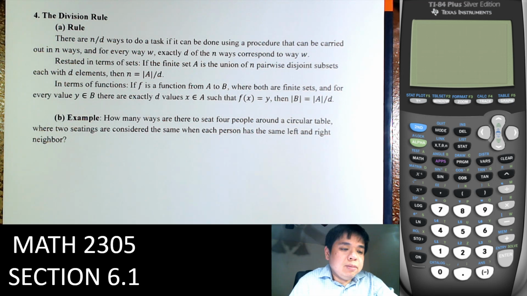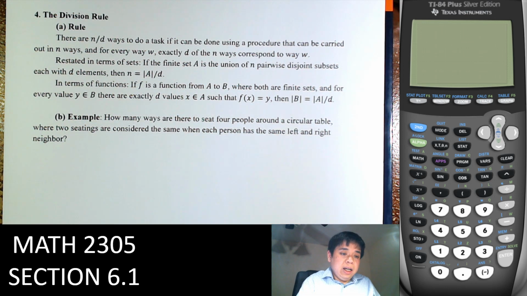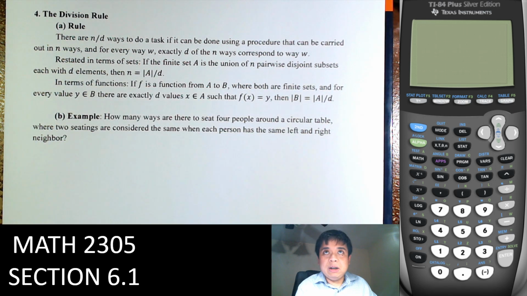Restated in terms of sets: if finite set A is a union of n pairwise disjoint subsets, each with d elements, then n equals the number of elements in A divided by d. In terms of functions, if there is a function from A to B where both are finite sets, and for every value y in B there are exactly d values x corresponding to that, then the number of elements of B is equal to the number of elements of A divided by d.